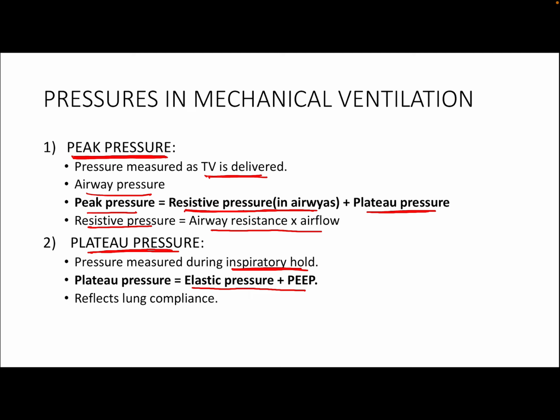The elastic pressure means it's an intrinsic characteristic of the alveoli which is directly proportional to the elastance and inversely proportional to the compliance. Alright, so plateau pressure is the elastic pressure plus the PEEP, and it reflects the lung compliance. So what happens is that if the elastic pressure is high, it basically means that the compliance of that alveoli is low, which means that the plateau pressure is high.